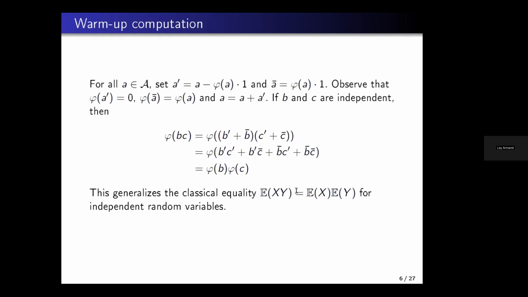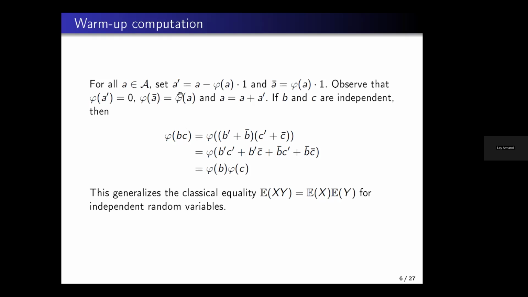So it's quite a formal definition, and we don't really see where it's coming from, but we can already do some nice computations which have analogs in the classical probability theory world. If we have an element of a non-commutative probability space, like a here, you define a prime as the element where you subtract the expectation, that is a prime equals a minus phi(a) times the unit, and you note a bar the expectation.